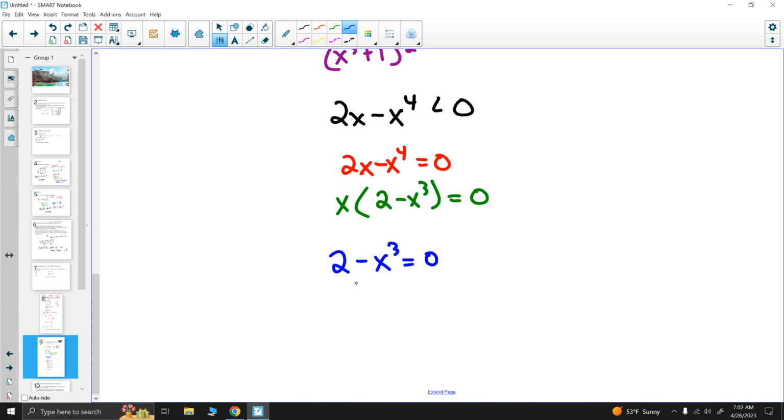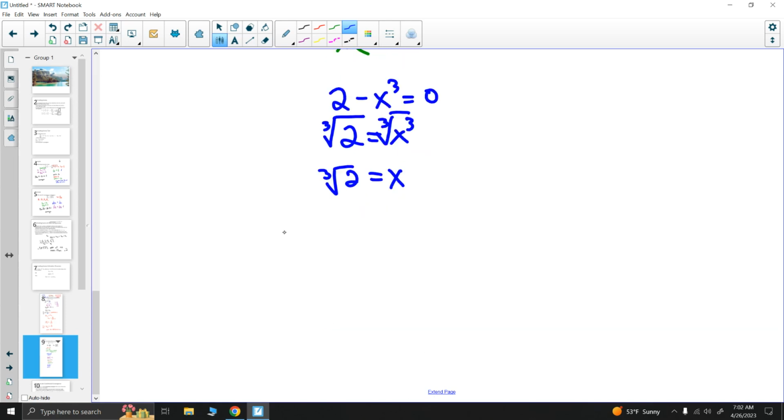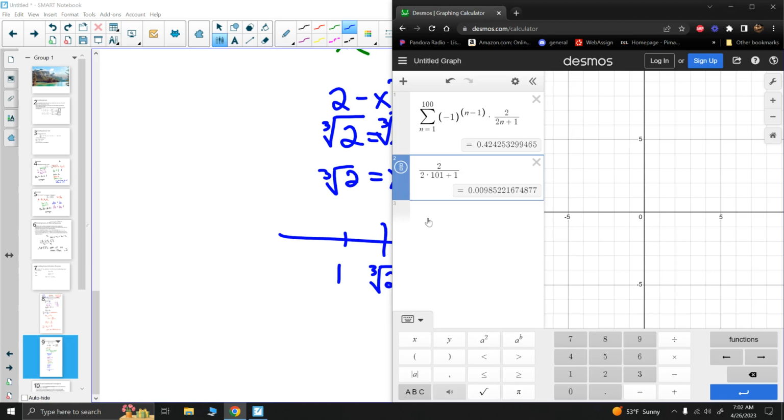Okay, so solving for this, we move it over. We have 2 equals x cubed. So that means if we take the cube root, we end up with the cube root of 2 is equal to x. So basically what we have then is a critical value at cube root of 2. Now, this is greater than 1. Let's take a look at it really quick.